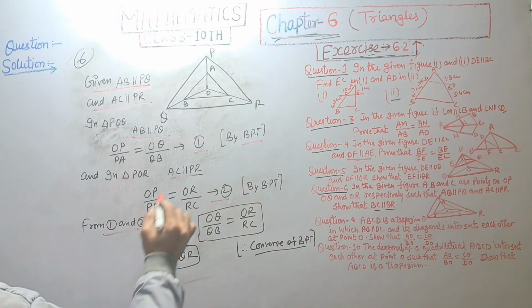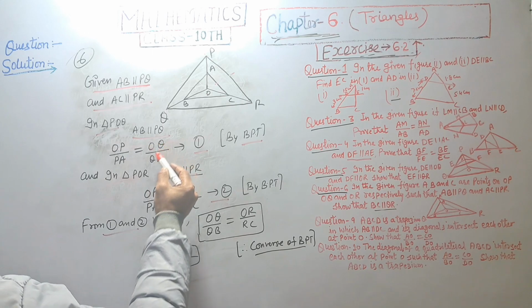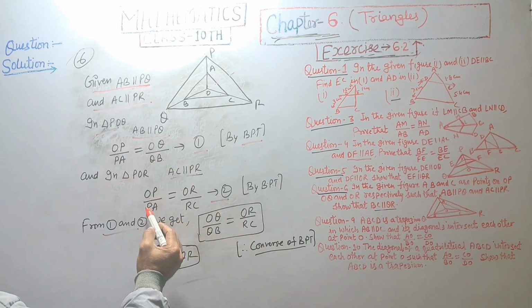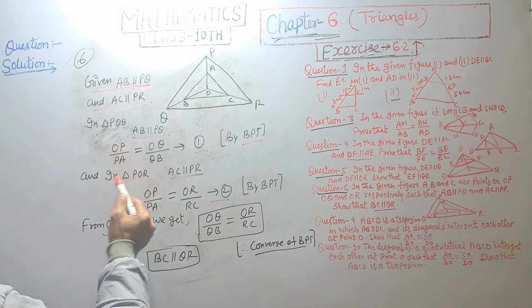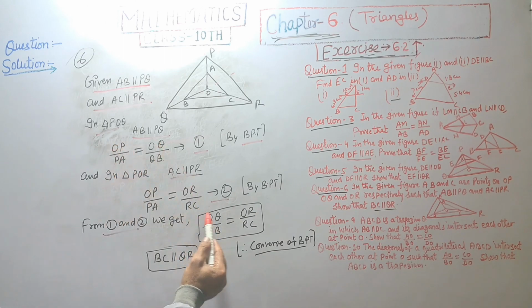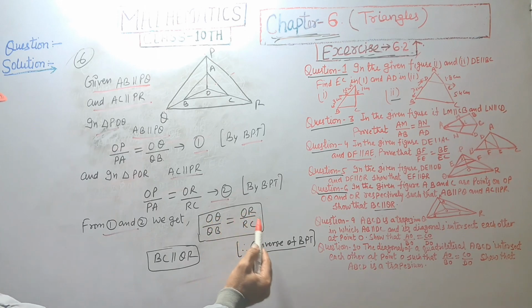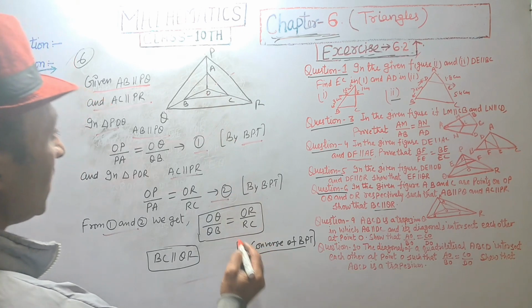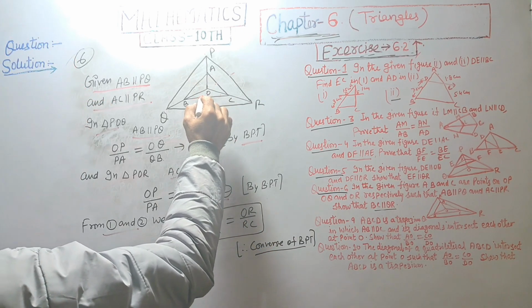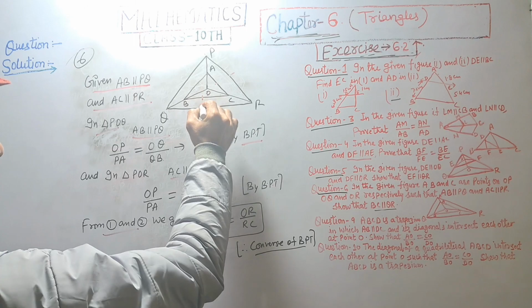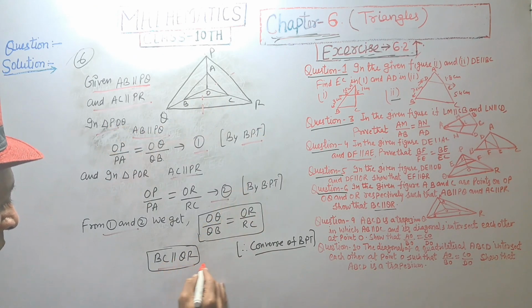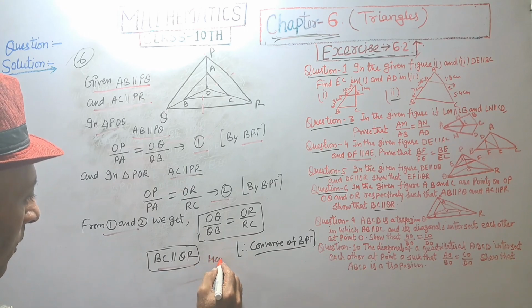From first and second equation, we get OQ upon QB is equal to OR upon RC. So by converse of basic proportionality theorem, BC is parallel to QR, hence proved.